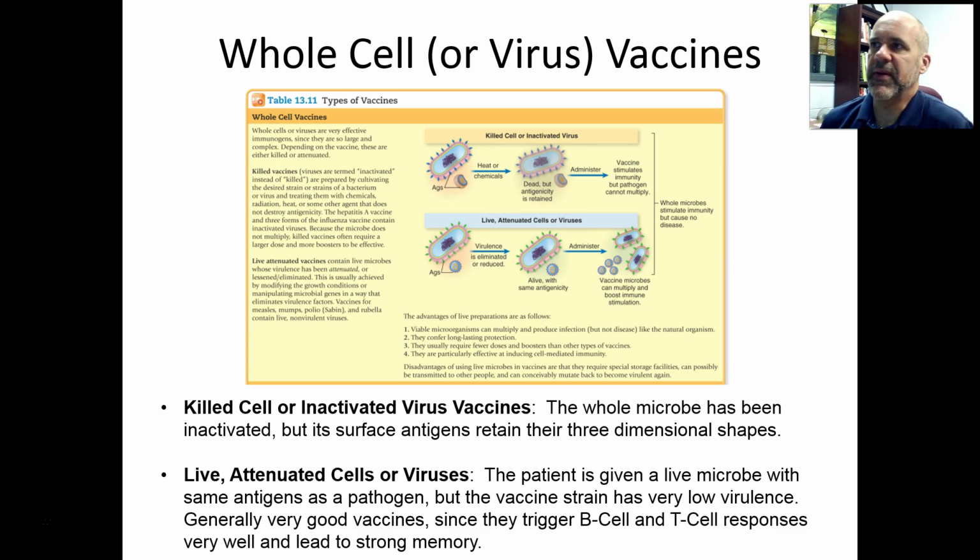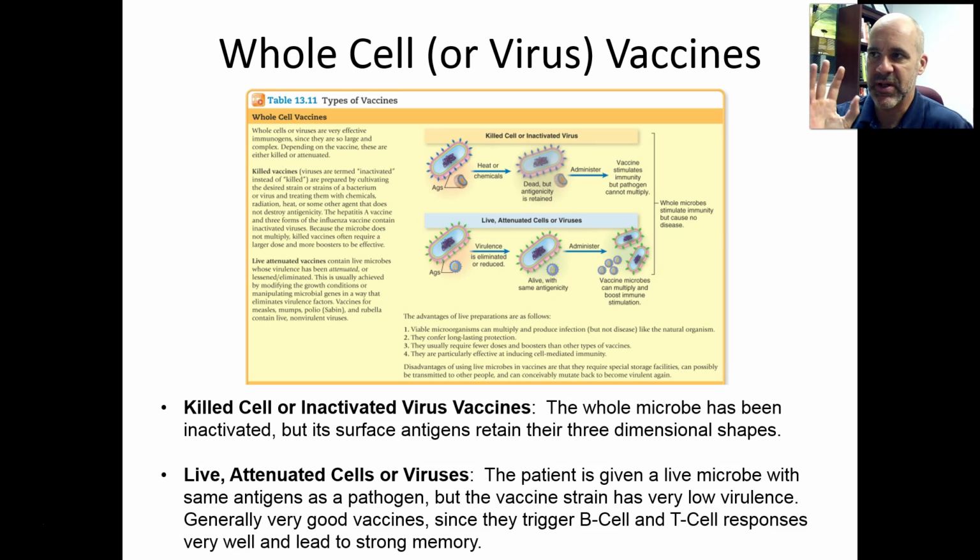All right, so let's talk about these whole cell or virus vaccines. And they come in a couple of different categories. You guys can read through more of the details in your textbook. There's some nice tables in Chapter 13 that summarize the differences, and you do want to be familiar with this information. Okay, first of all, some vaccines are either killed cell or inactivated virus.